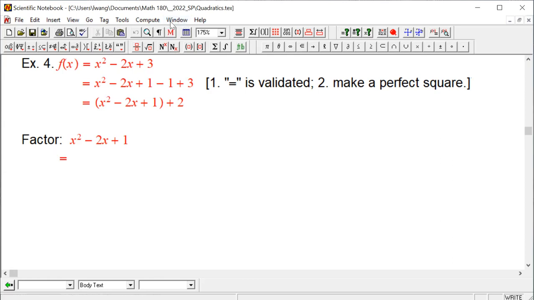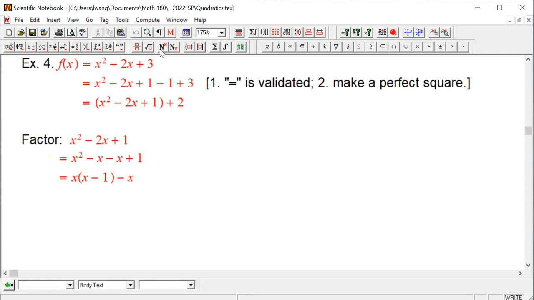So here I have x squared minus x minus x plus 1. I just split minus 2x into minus x and minus x. Then I regroup. I bring these two together. So factor x out, we get x minus 1. And for these two, I'm going to factor out the negative sign.